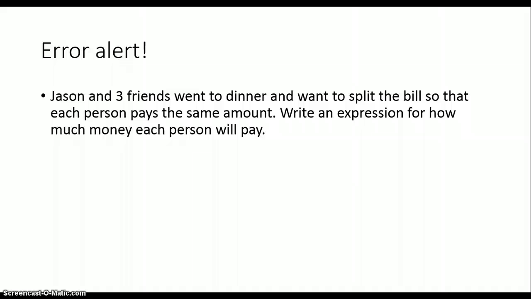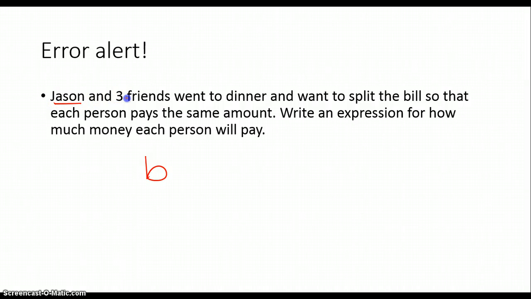Before I go about writing an algebraic expression, I first need to know what's going on. So these friends went to dinner and they want to split the bill. So they have some amount that they owe, b amount. If they want to split it evenly, we're going to divide by the number of people there. Well, how many people went to dinner?